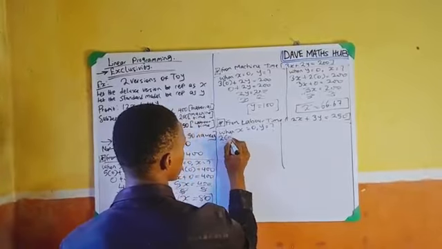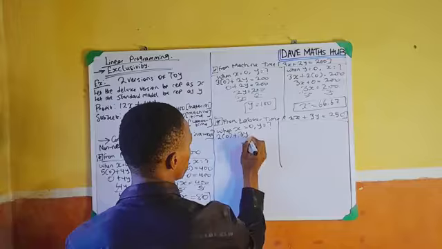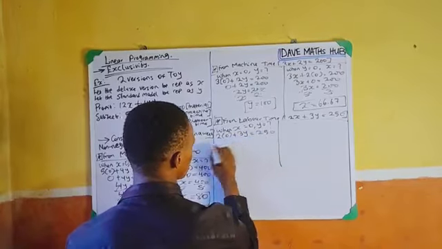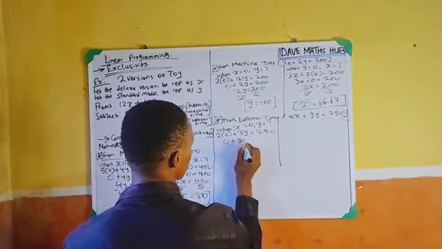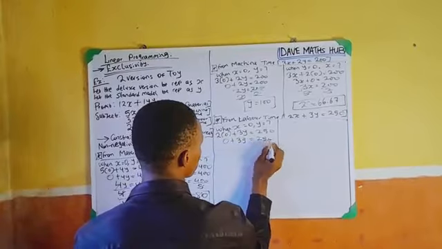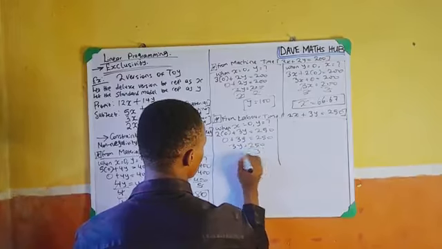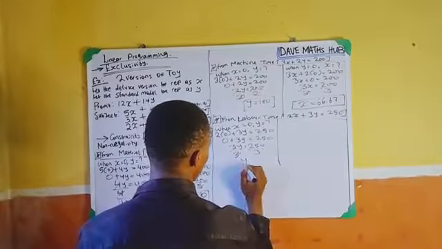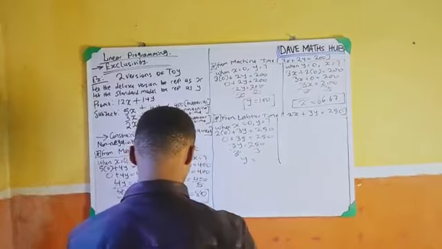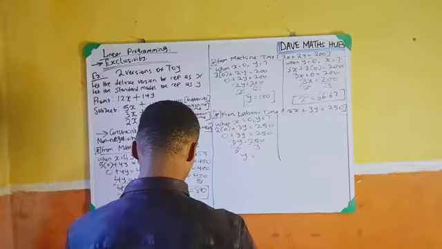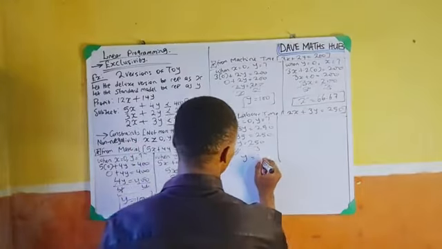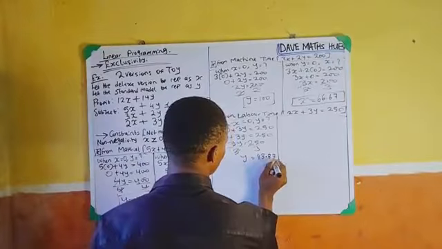So this is 2 open bracket 0 plus 3y equals 250. 2 times 0 is 0 plus 3y equals 250. 3y equals 250, divide by 3. y is equal to 250 divided by 3, giving us 83.333. So you can say 83.33.